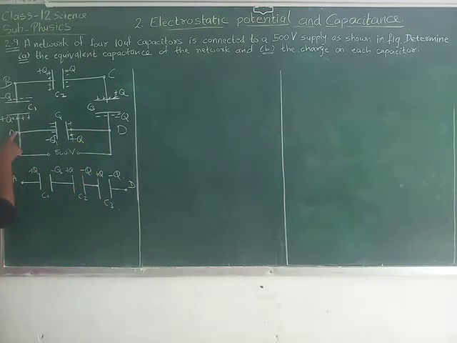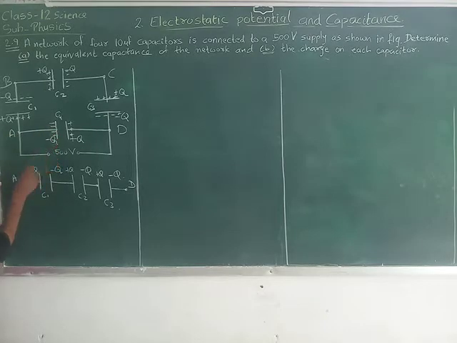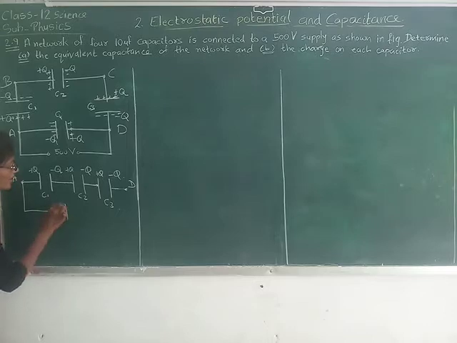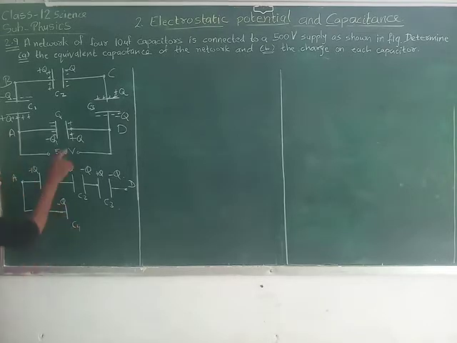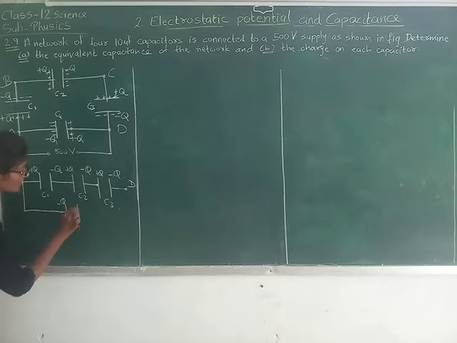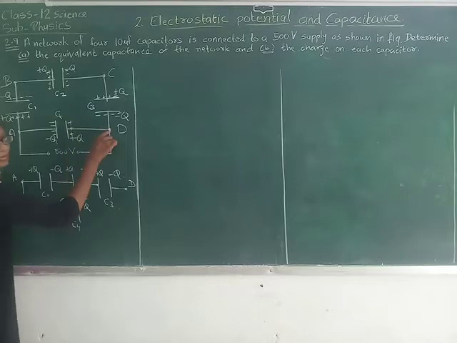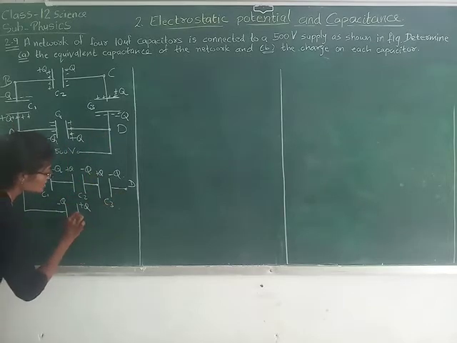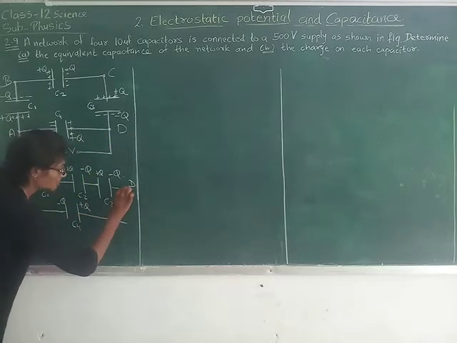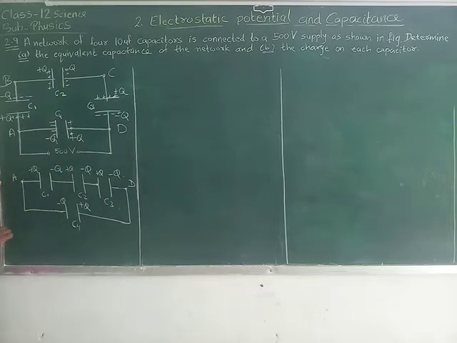Now see, this A is connected where? It is connected to the negative plate of C4. So A is connected to the negative plate of C4 and the positive plate with plus Q charge is connected to point D. So let this positive plate of the capacitor be connected to D. Right?